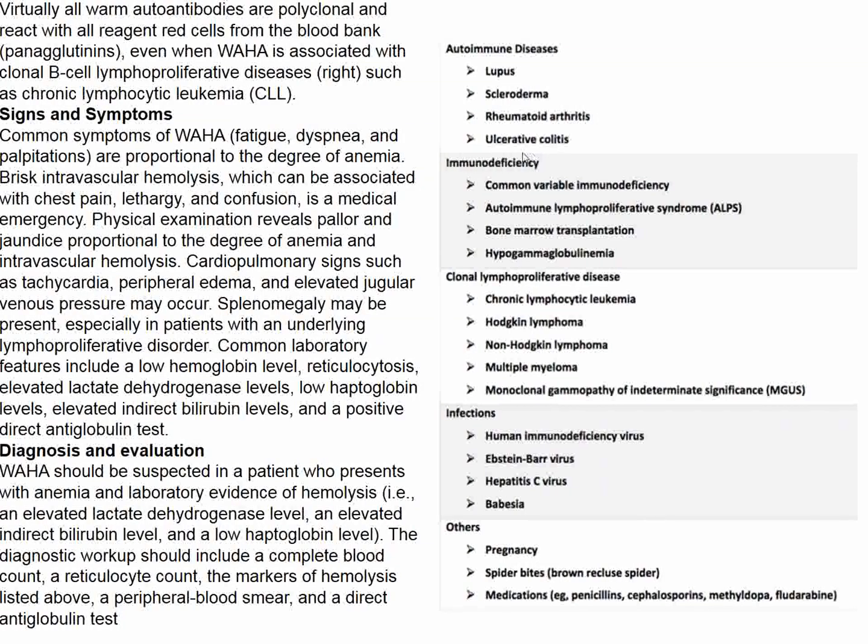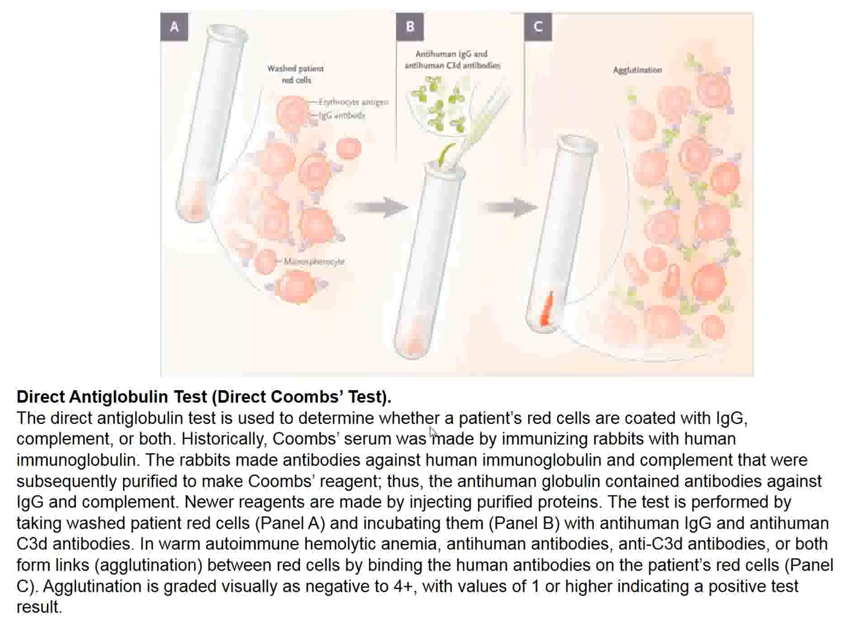They occur in people with immunodeficiency, including HIV positive patients. They're associated with chronic lymphocytic leukemia and with certain infections. Again, Epstein-Barr virus shows up here, and also hepatitis C, and babesiosis of all things, and even bites from the brown recluse spider that we'll not discuss today.